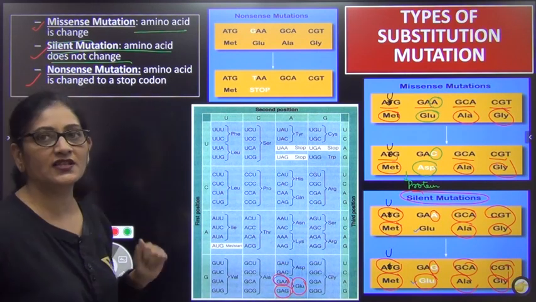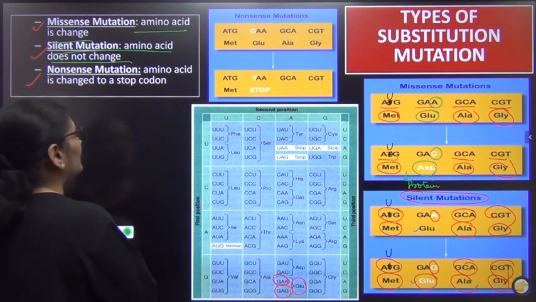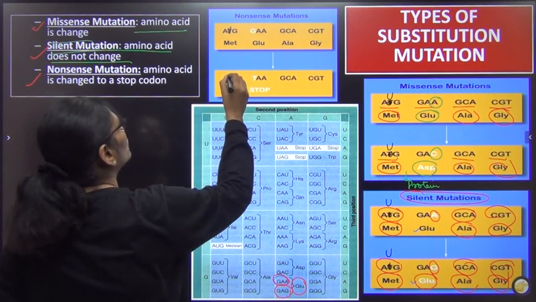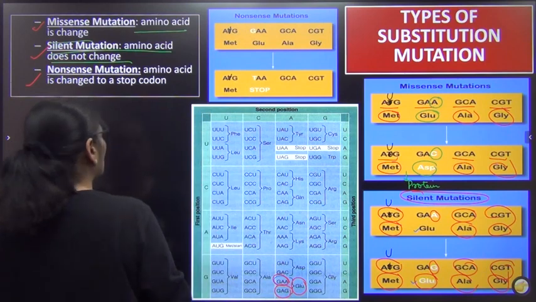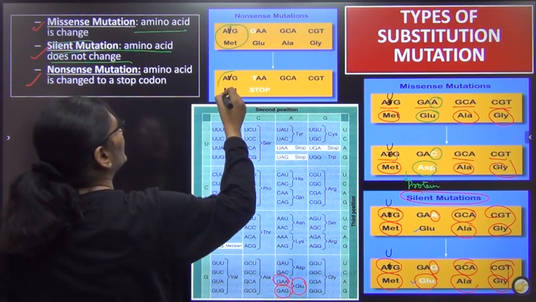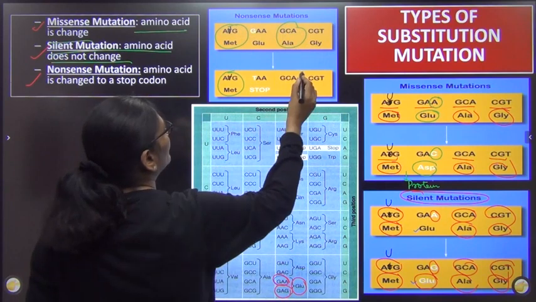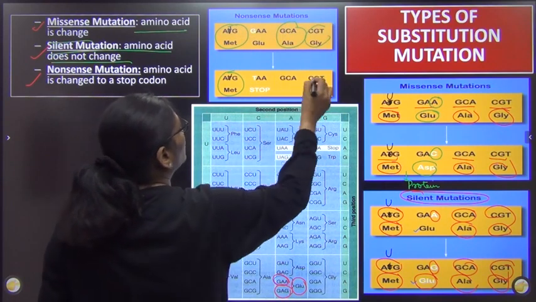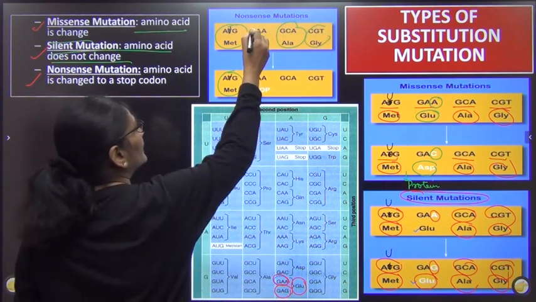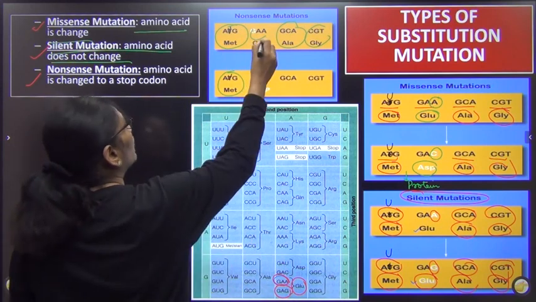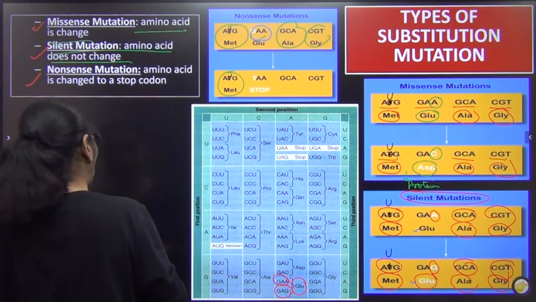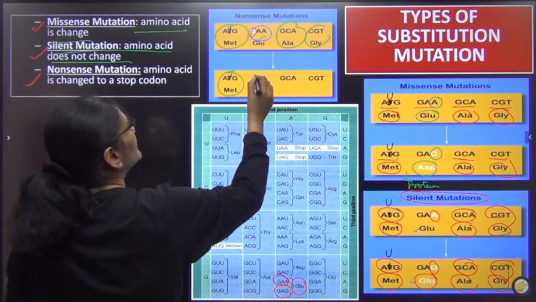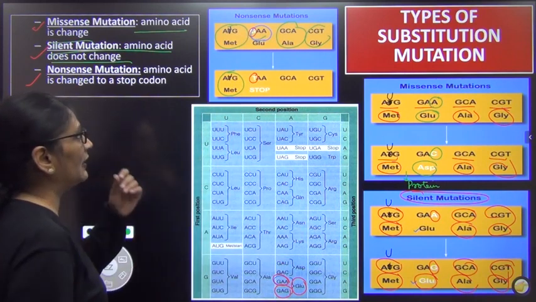What happens in nonsense mutation? Now again, I'll bring this same change. This should be AUG coding for methionine. So this is AUG coding for methionine. It's the same, right? And the nucleotides are same. But here, in the second one, the moment the mutation takes place, what happens here? Here glutamine is replaced by an amino acid.